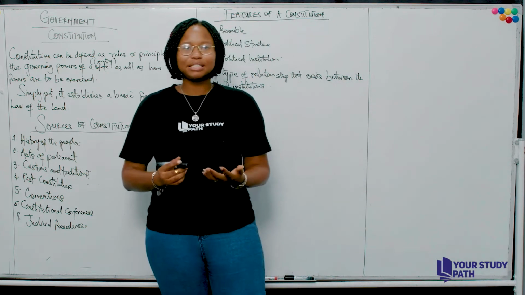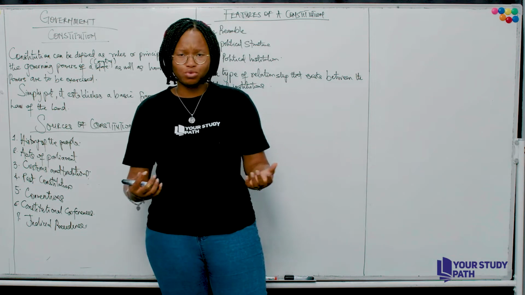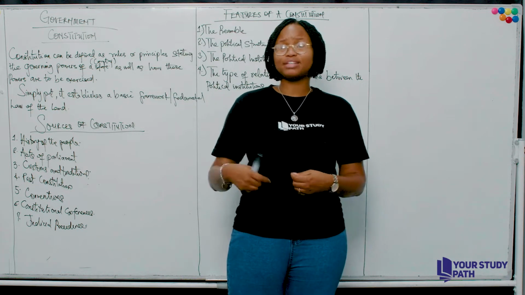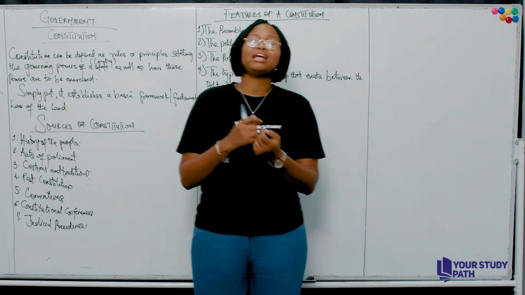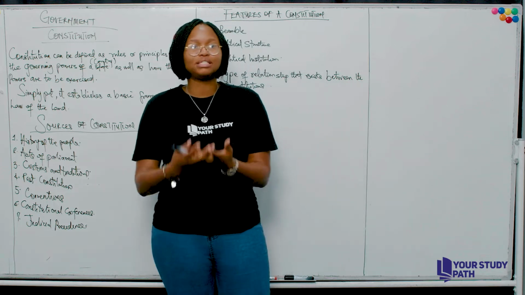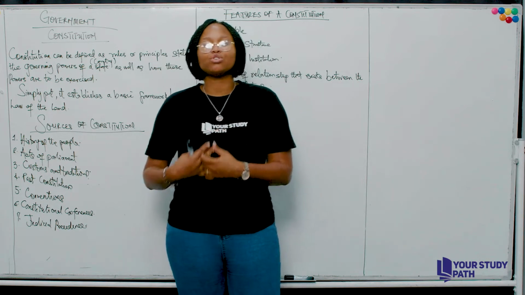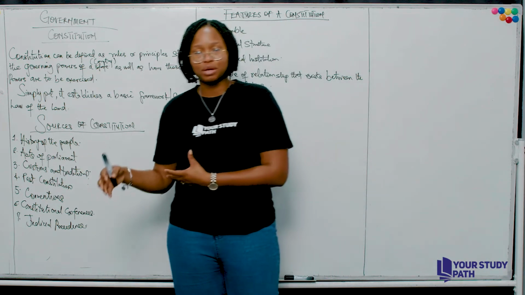We are trying to understand, are powers separated or are powers fused? Are there systems of checks and balances? This is the type of relationship that the Constitution attempts to include and illustrate, such that the institutions of government understand the relationship that must exist between them.